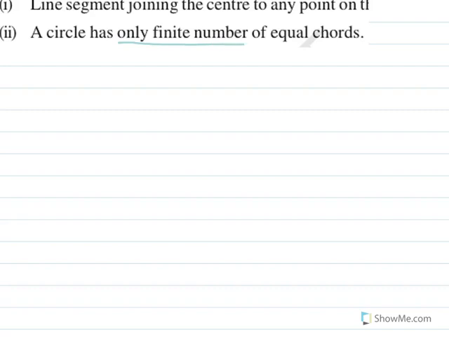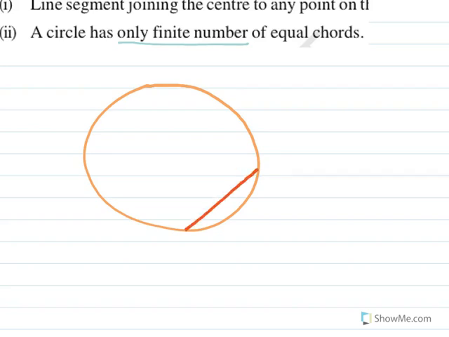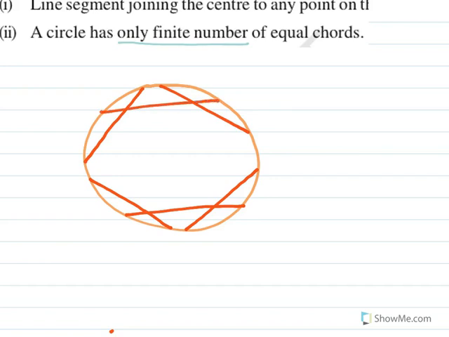Center to the circle is a radius. A circle has only finite number of equal chords. So this is a circle, and if I were to draw equal chords, I could draw one here. Do you think that will be finite equal chords? Suppose 5 centimeter chords I want to draw. Here are the chords that I'm drawing of 5 centimeters.